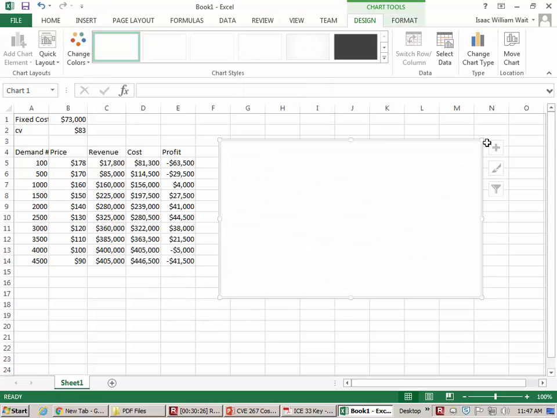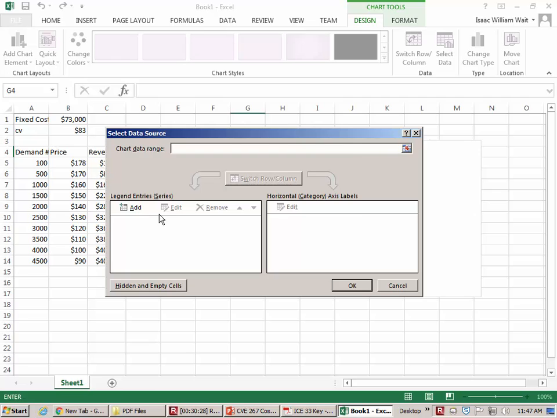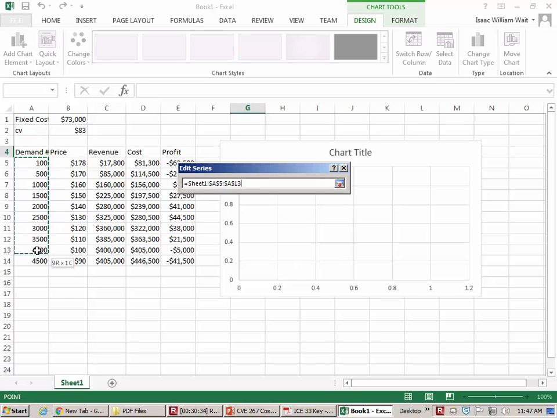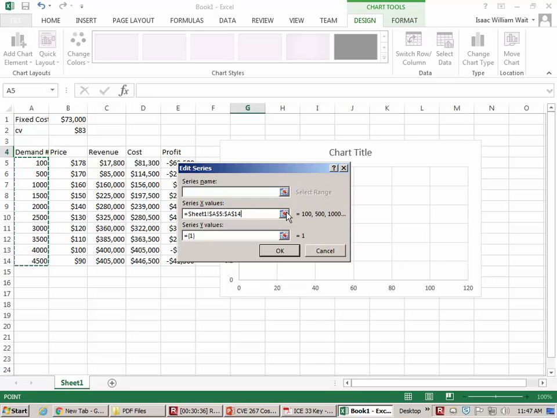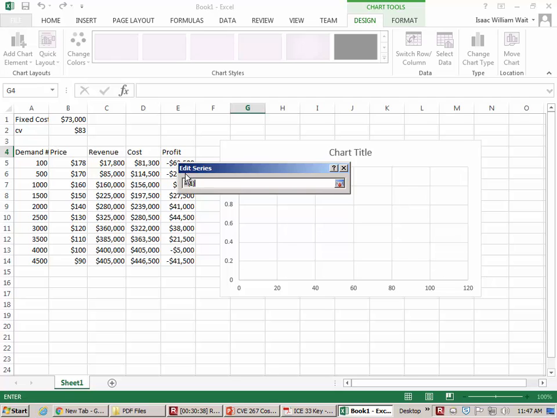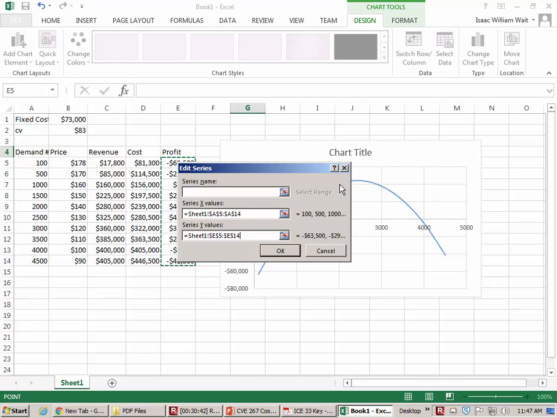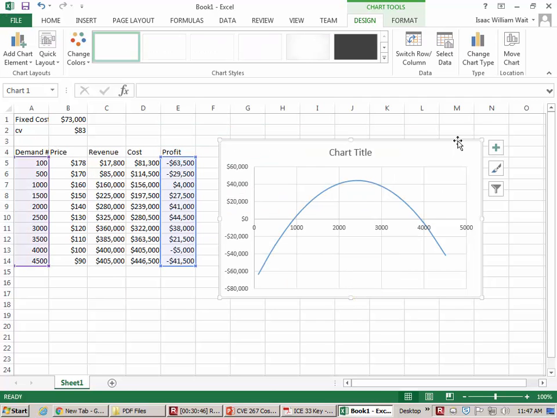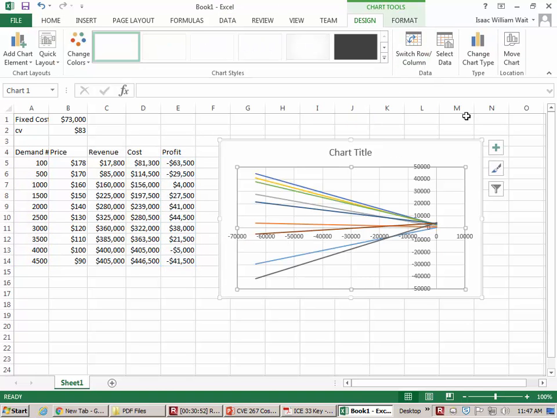So here, let's add some data. We'll have on the x-axis is supposed to be our demand. So here on the x-axis is demand. On the y-axis, if I want to have, for instance, the profit. So there is that parabolic curve, and maybe I want to add, wrong way.